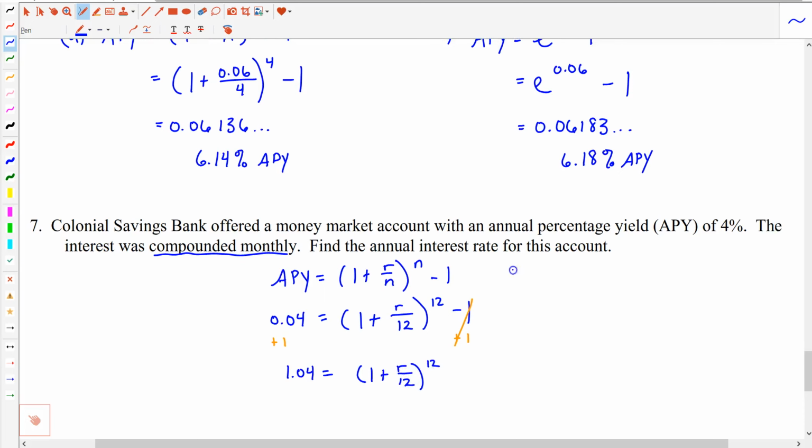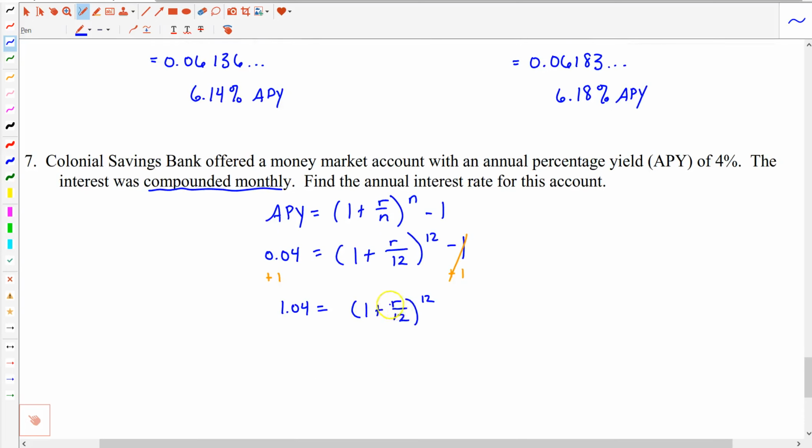Now again, this is like that previous problem where I'm trying to solve for this r that's inside of these parentheses being raised to this exponent. So I'm going to have to undo this exponent to free this thing from the parentheses. I'm going to undo raising something to the 12th power by applying a 12th root. So I'm going to take the 12th root of both sides.